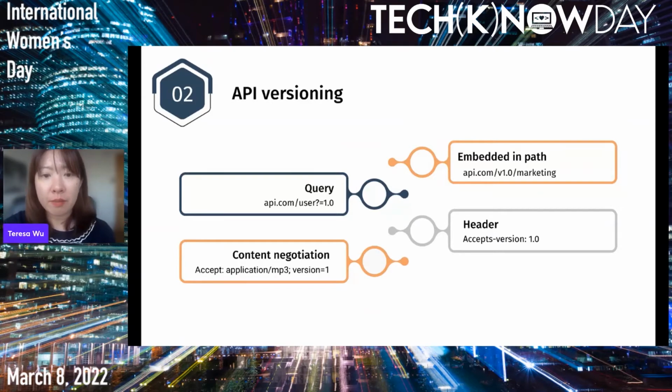Then you have embedding in the path. It allows you to update all the API paths for any breaking change, so it's actually a quite widely used method. Or you can do content negotiation. I do this less often, but you can use it. It's a bit harder to test, but you can version a single resource instead of the entire API, so it's quite handy in a way.